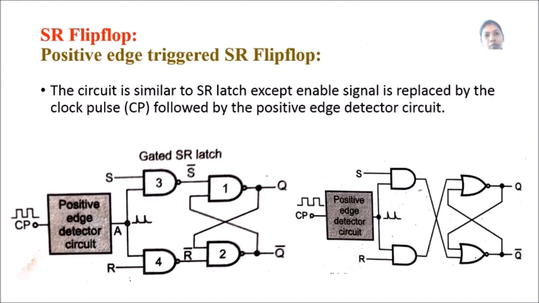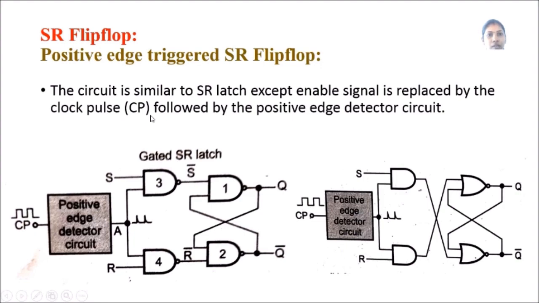In the SR flip-flop, we are going to see the positive edge triggered SR flip-flop, which means this flip-flop will respond to the input changes only at the positive edge of the clock pulse. The circuit is similar to the SR latch, except the enable signal is replaced by the clock pulse.